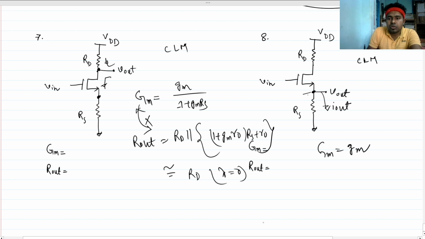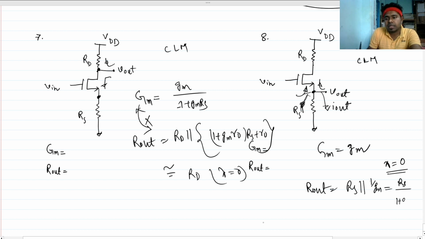R out is the looking-in impedance downward and the looking-in impedance upward. If we neglect channel length modulation again, overall R out will be RS parallel the looking-in impedance here, which is 1 over GM when channel length modulation is neglected. So this will be RS into 1 over GM, RS divided by 1 plus GM RS.